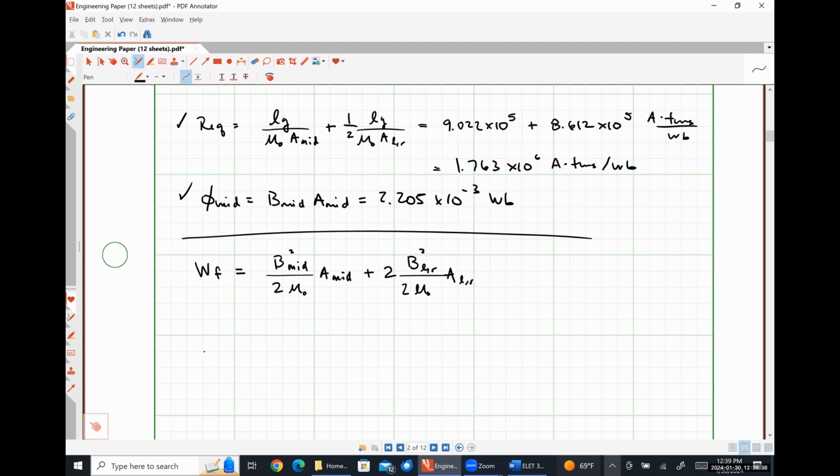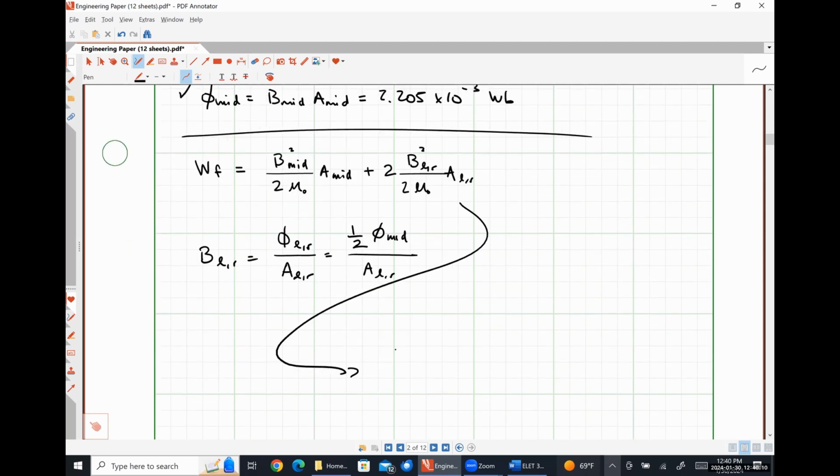Yep. So B left and right is going to be the flux for the left and right path divided by the area for the left and right, which is just going to be 1/2 the flux in the middle divided by the area of the left and right.